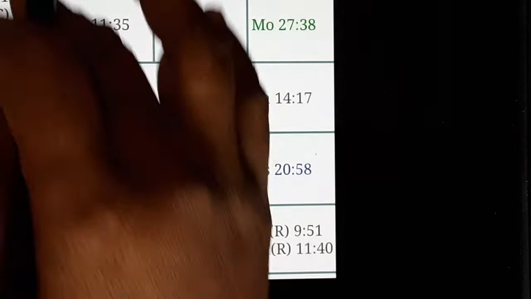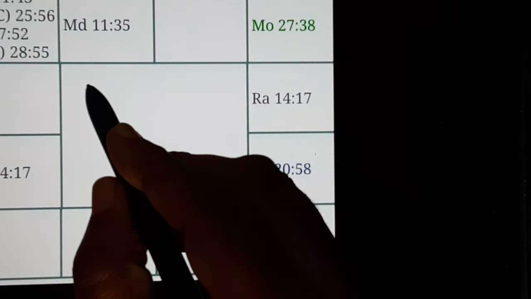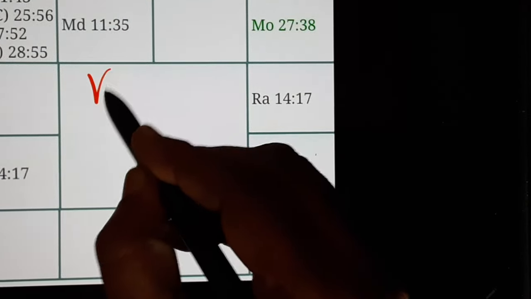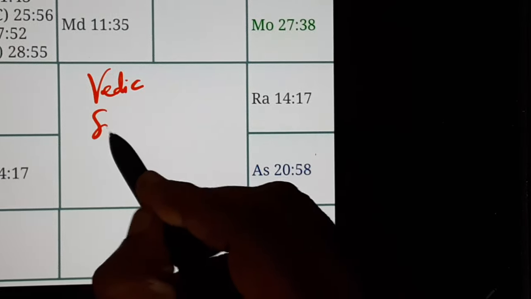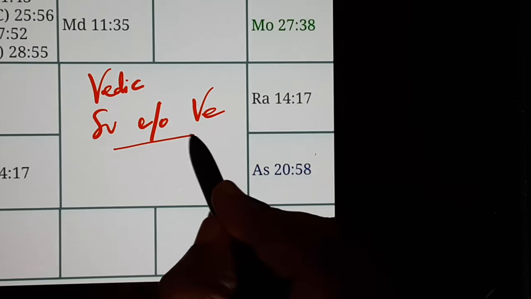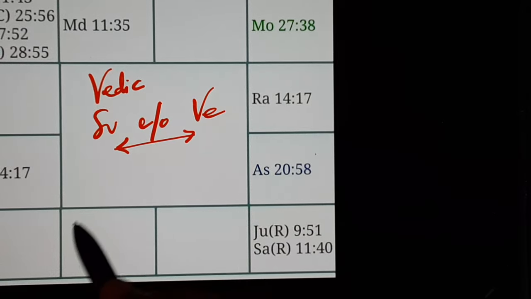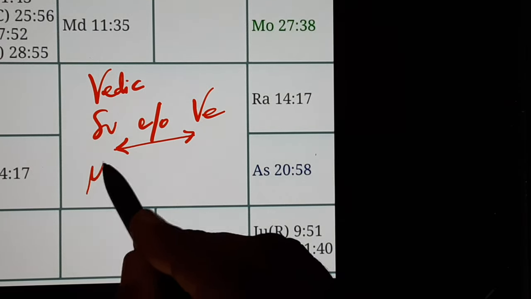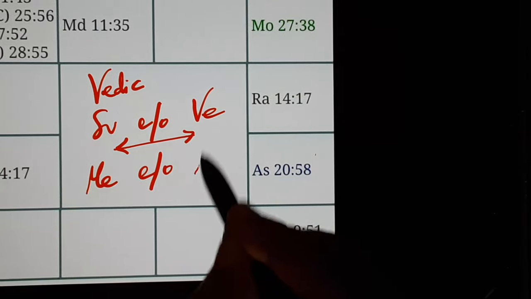Another most important point which cannot be overlooked according to Vedic is that Sun is an enemy of Venus and Venus is an enemy of Sun. This is mutual enmity. Similarly, Mercury is an enemy of Mars.